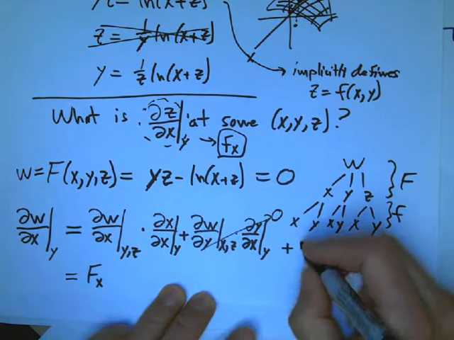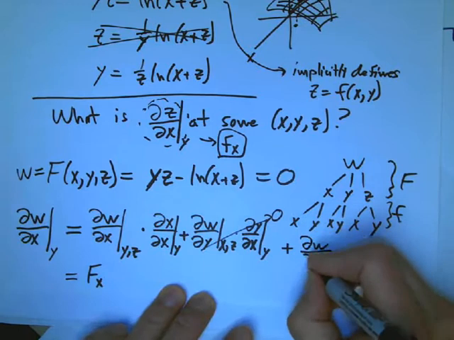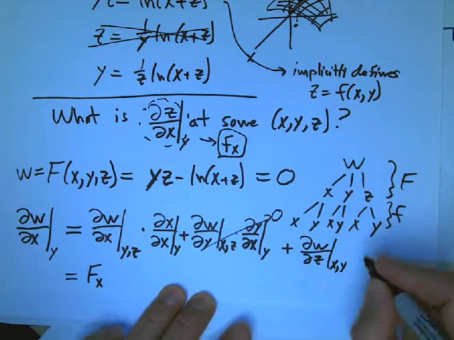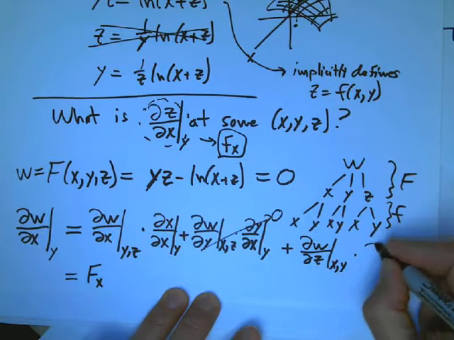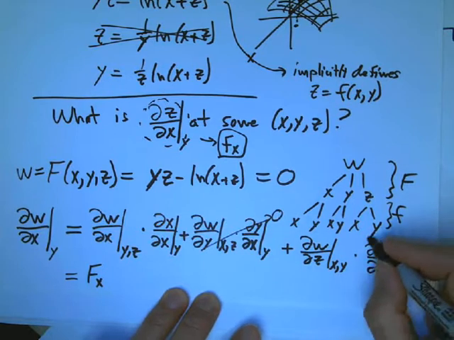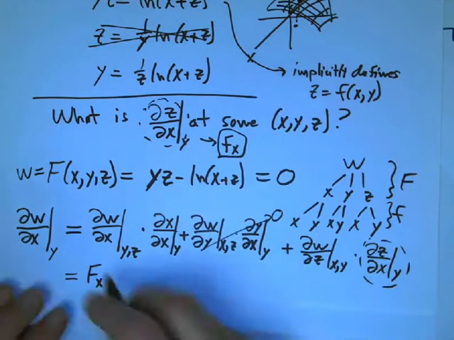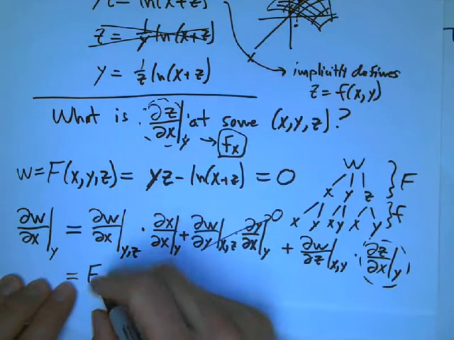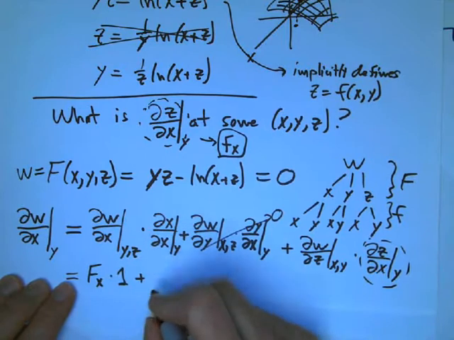Plus dw dz with x and y held constant, times, and here's the key, dz dx with y held constant. That's actually what I'm interested in. That was my original question. So quickly I'm going to write it down in this other notation, and then I'll finish up in another video.